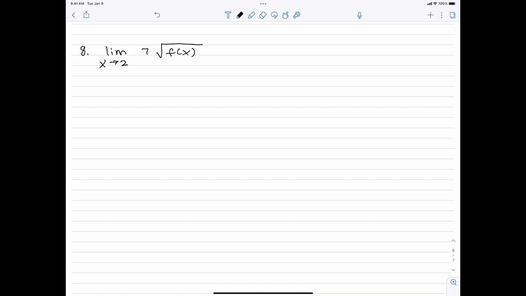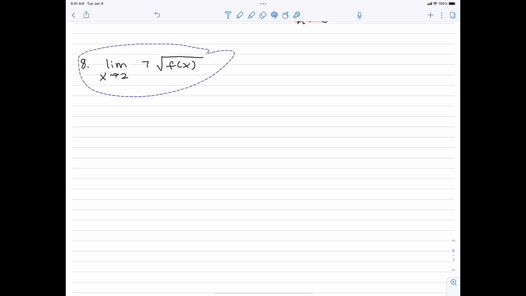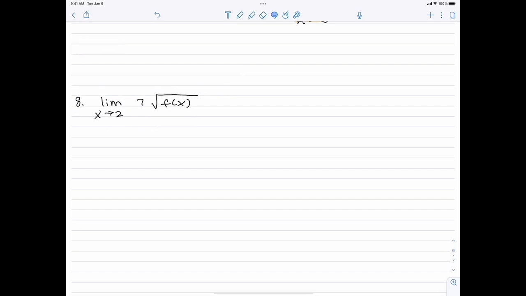We were given earlier, and I'm going to put these givens down so I don't forget them, that the limit as x approaches 2 of f of x equals 9, and the limit as x approaches 2 of g of x equals 3.